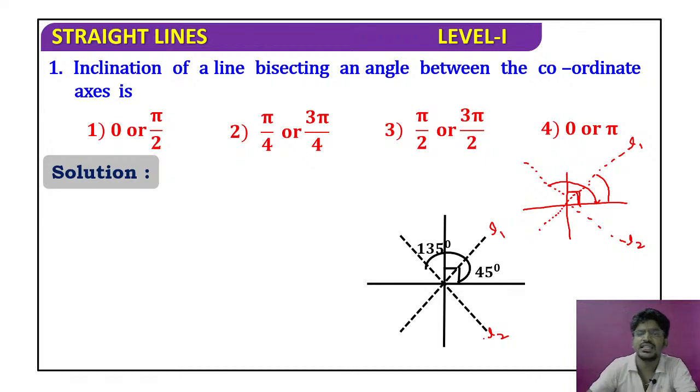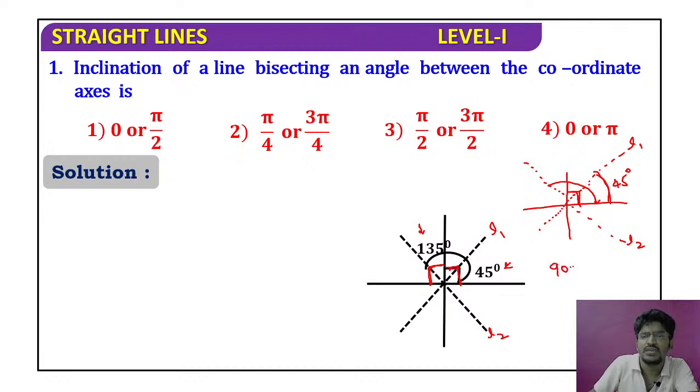So now you can tell that one angle will be 45 degrees. That is the angle made by line 1. So this angle will be 45 degrees, which we have written here already. And the other angle will be 135 degrees. On this side it will be 45 degrees, on this side 45 degrees, and here it is 90 degrees.